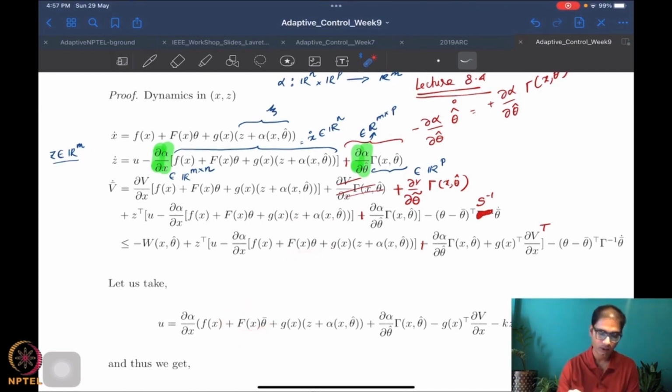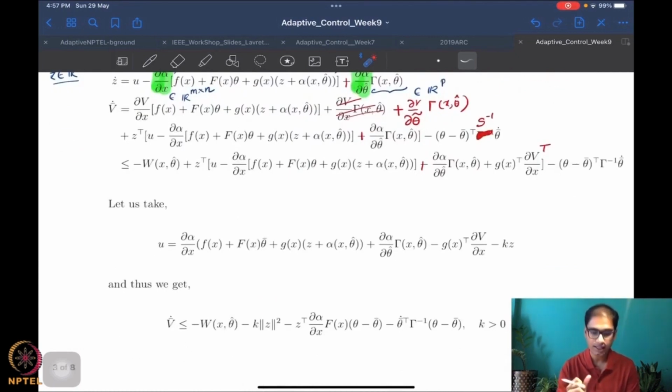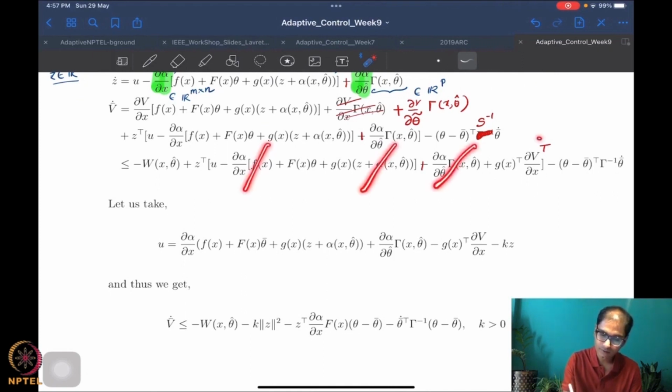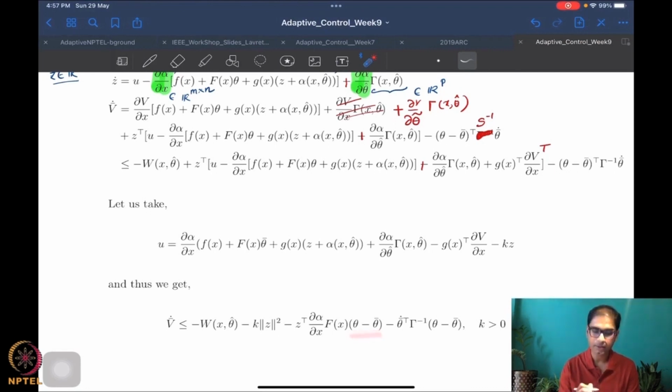That's what we do. And once we do that, what would we be left with? Everything else cancelled out, right? Except for this guy, corresponding to which I will have a theta minus theta bar type term.